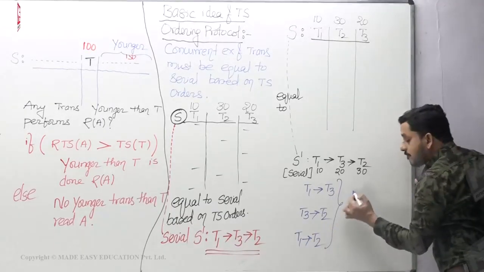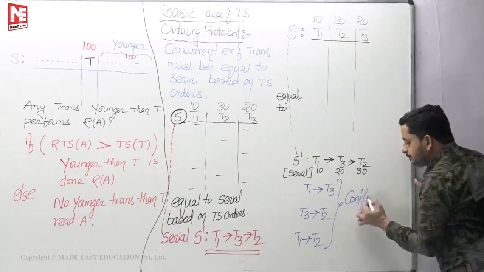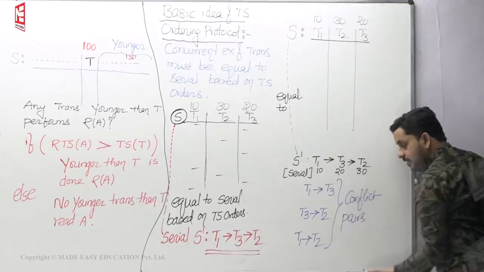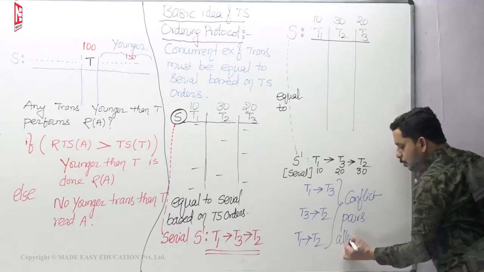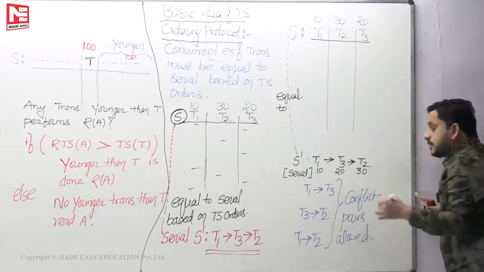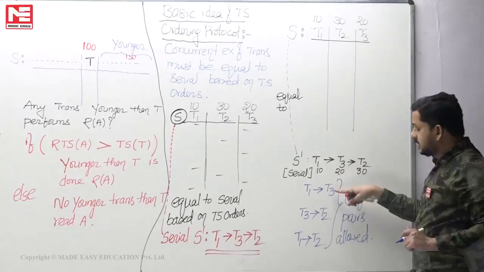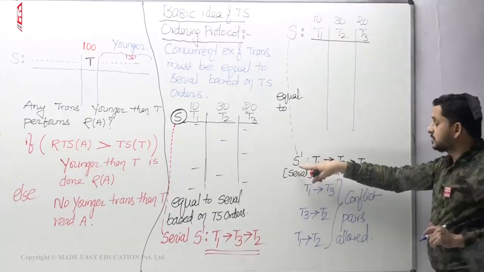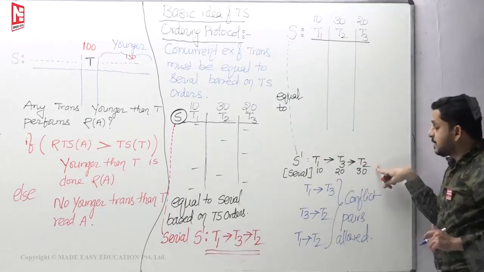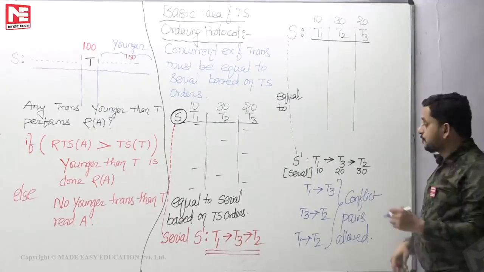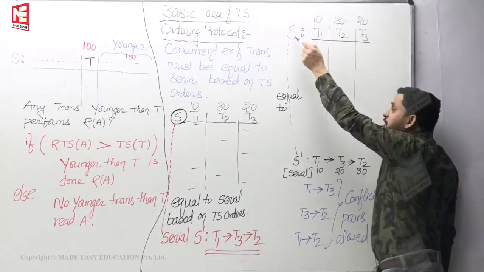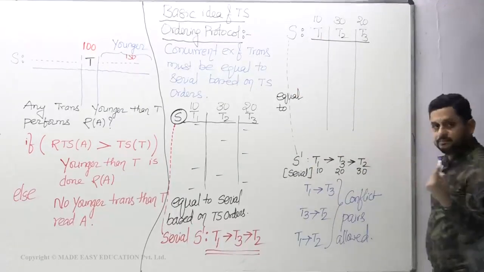These kinds of conflict pairs are not an issue. These conflict pairs of reads and writes are allowed. Why are we saying these conflict pairs are not an issue? These conflict pairs do not violate equivalence to the serial schedule of the timestamp order. If the schedule consists of these kinds of conflict pairs, the schedule is still equal to the serial.